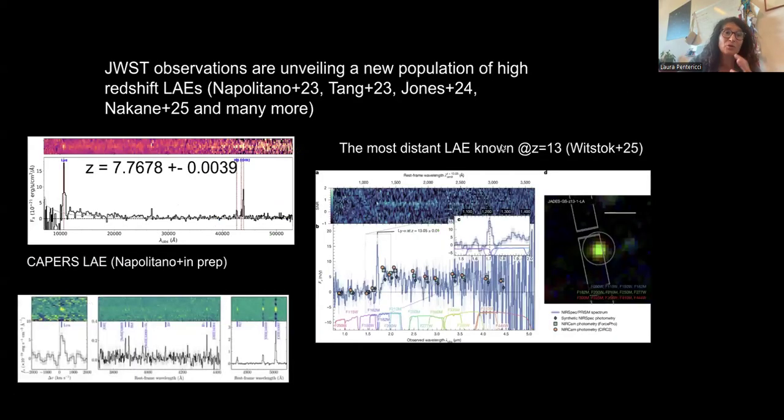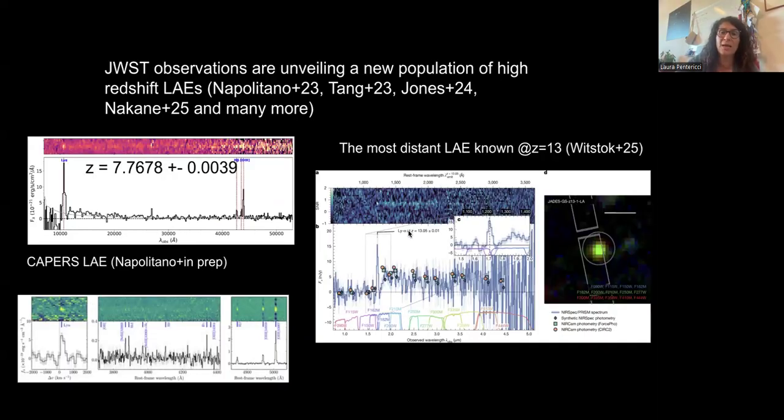And some are actually very surprising, because if you think that beyond redshift 7 the intergalactic medium is very, very neutral, then you should not expect to see so many Lyman alpha emitters at redshift above 7. But actually, this was not the case. JWST has revealed Lyman alpha emitters at quite high redshift, even at redshift 13.